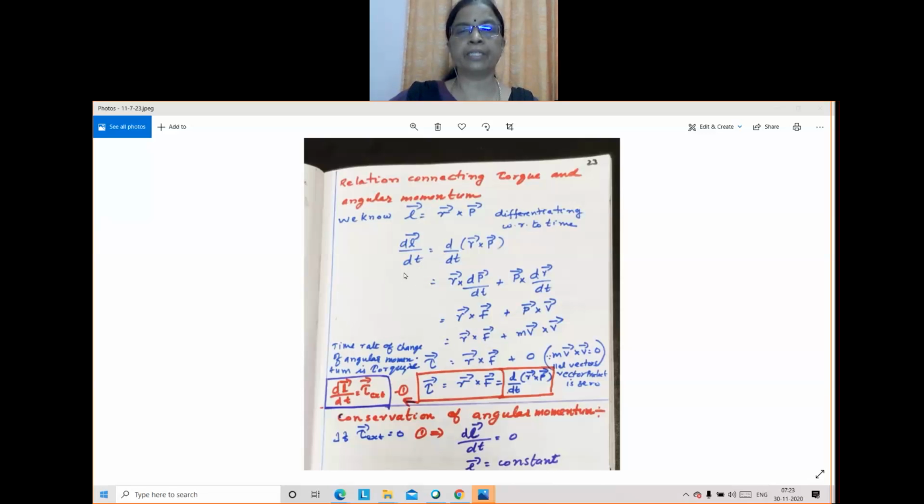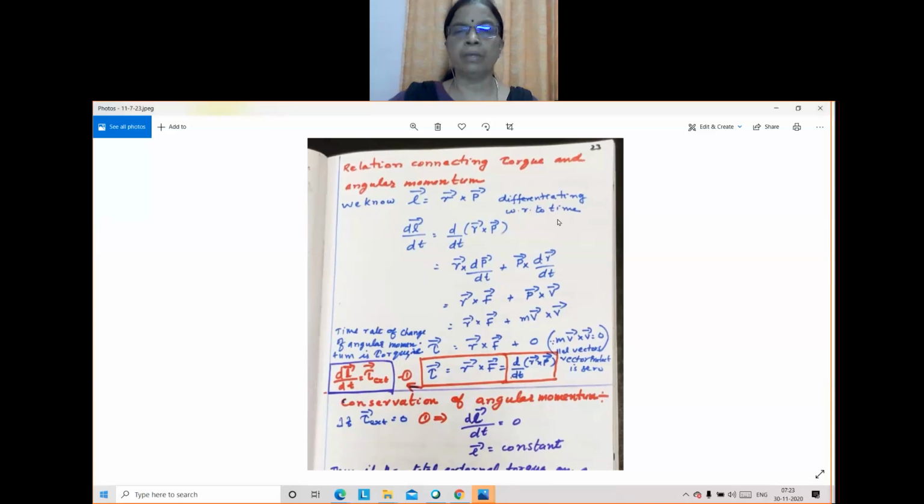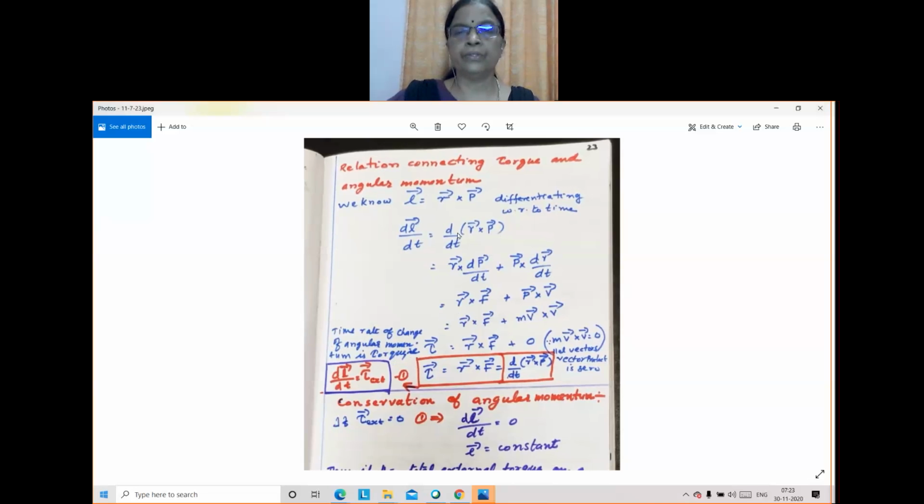This is a product, and there is a formula for differentiating a product: first into the derivative of the second plus second into the derivative of the first.